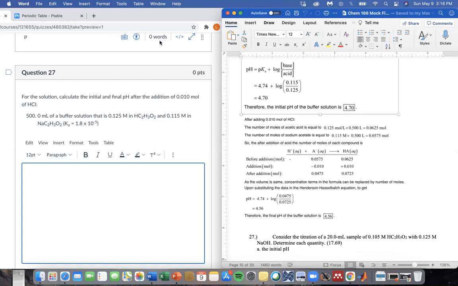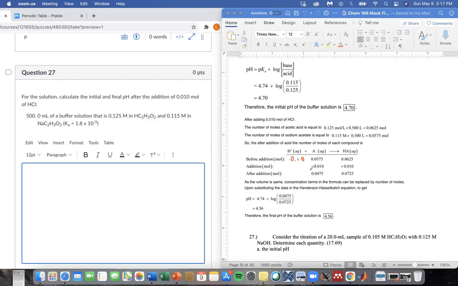But then the trickier part is once you add in the HCl. For this, you would need to do a BCA table. Initially, you do not have any H3O plus. You're adding in 0.010 moles of HCl.